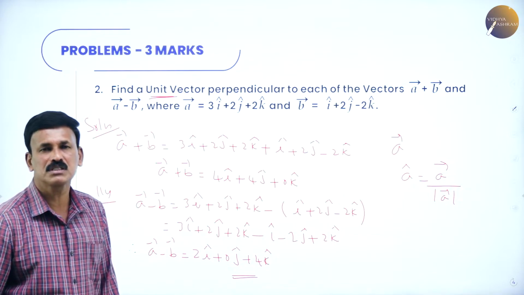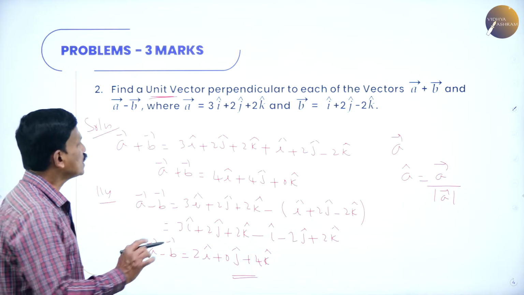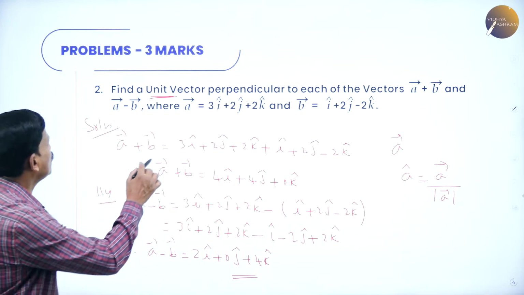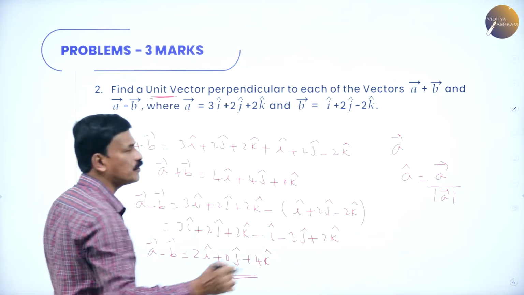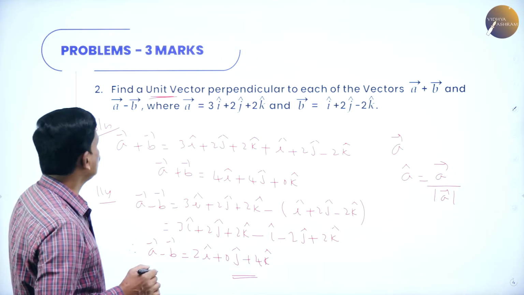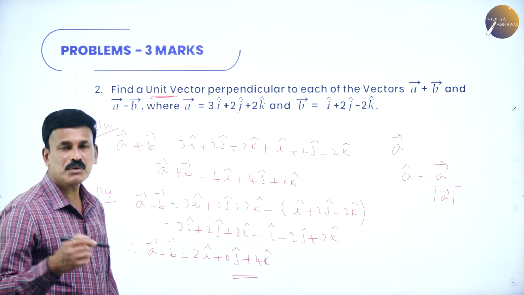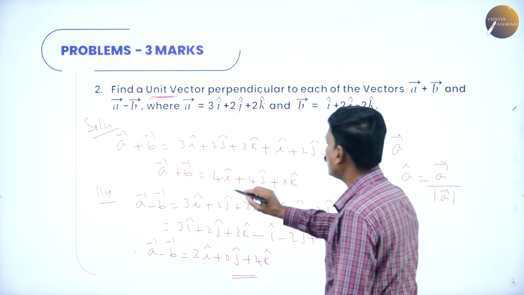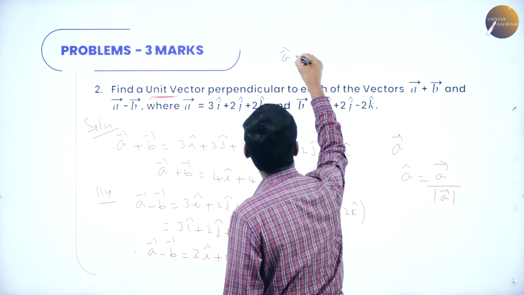So, now what is the condition given? Find the unit vector perpendicular to a plus b and a minus b. Okay, now let us find out the cross product of a plus b and a minus b. What is a plus b?